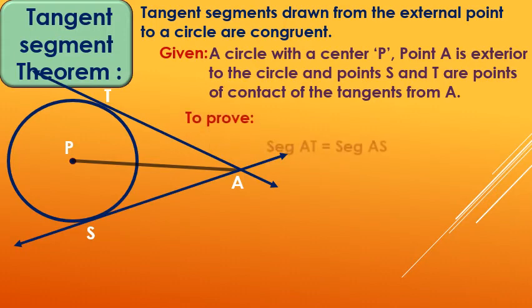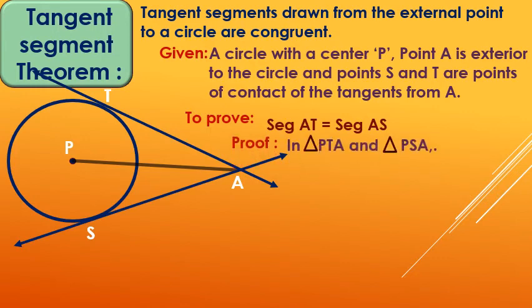To prove that segment AT, this segment and segment AS, they are congruent, they are equal. Okay, proof. In triangle PTA and in triangle PSA, we will see. So we will draw PT and PS. Okay.